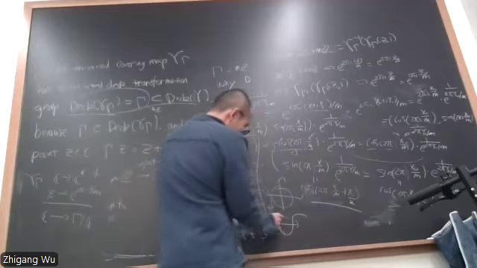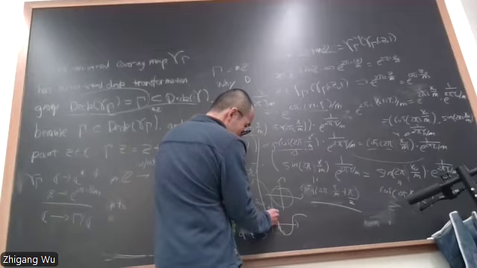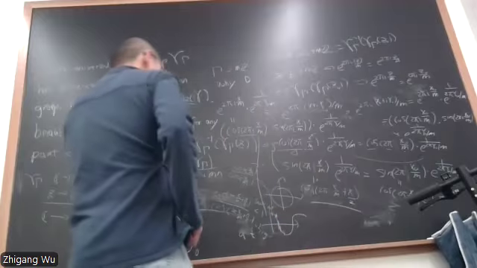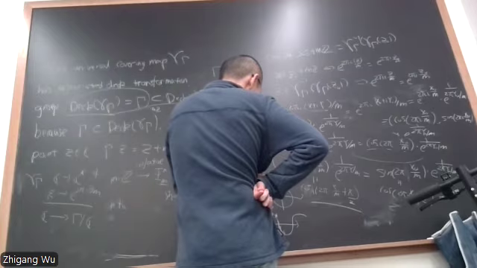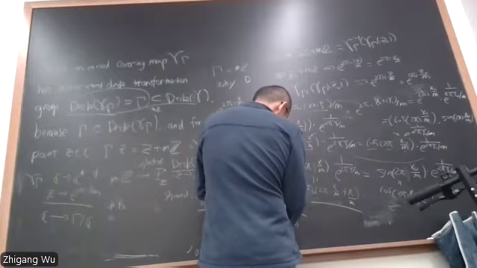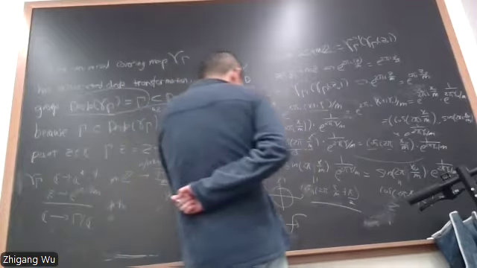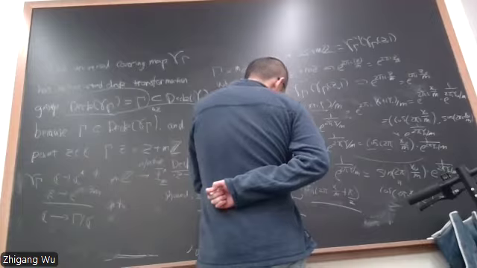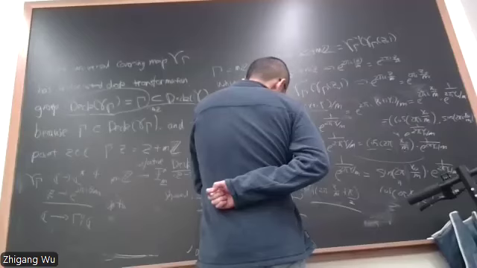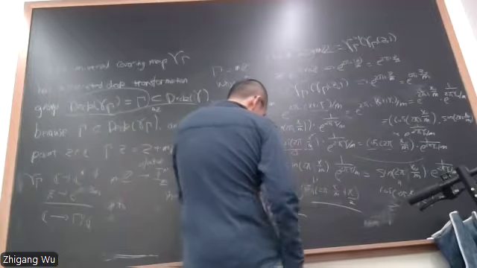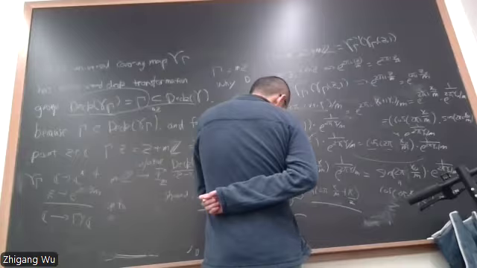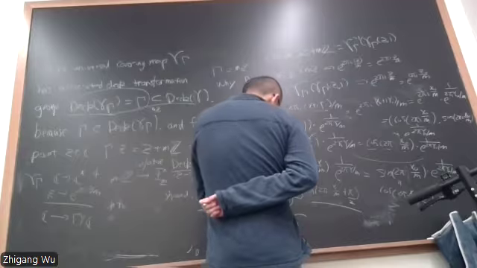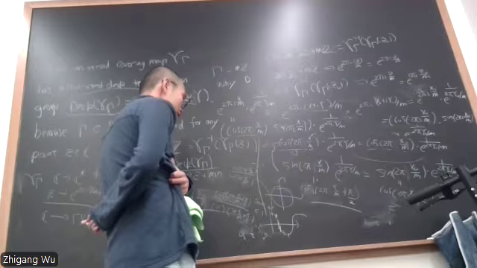For any of the other points that lie after this one, suppose that it lies here. If you add another power two here, then they cannot even be the same.